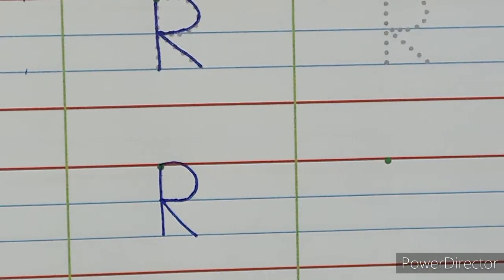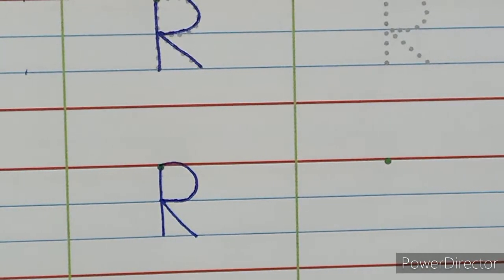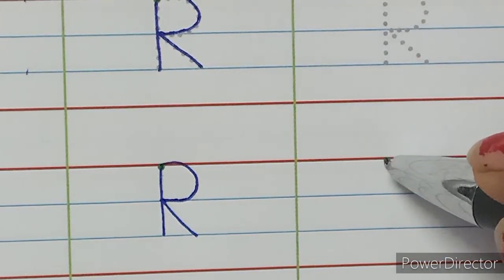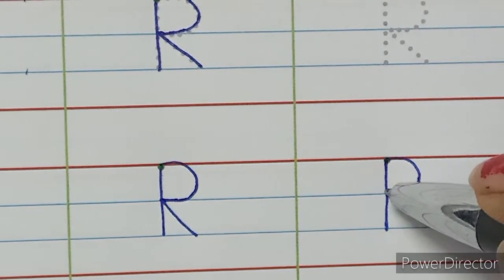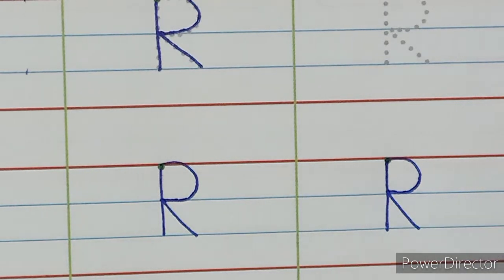What will you say? You have to say R for reindeer, R for rainbow, R for rabbit, R for rat, R for rose. So now make a standing line, make a curve, and then make a slanting line. R for rose.